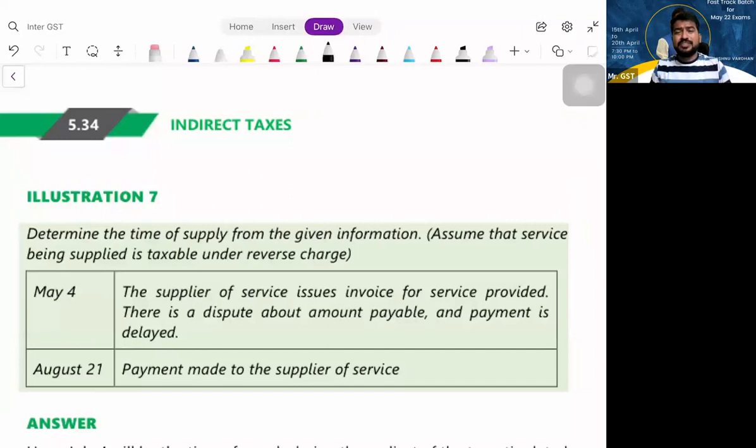What is the provision, guys? Reverse charge services. What is the provision? Date of payment. What is the date of payment? August 21st or 61st day from date of invoice. What is the 61st day from date of invoice? Date of invoice is May 4th. Should I add that or should I exclude it?